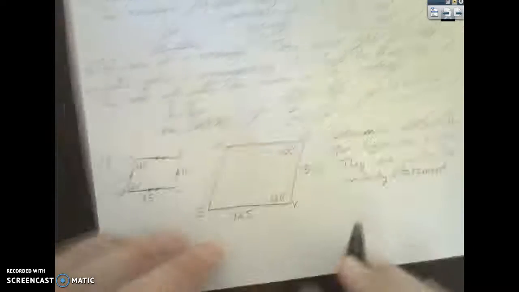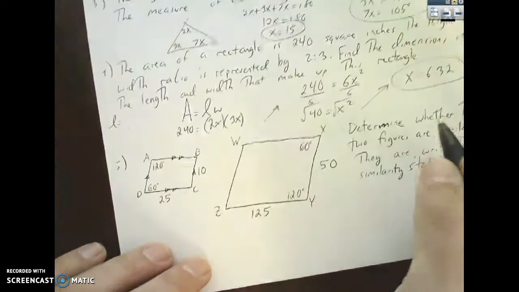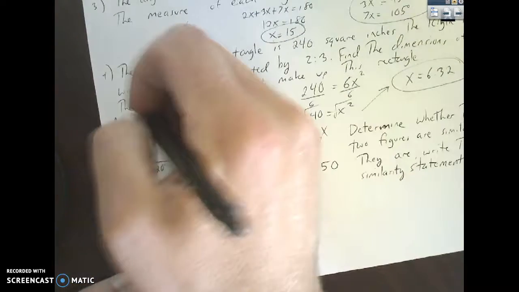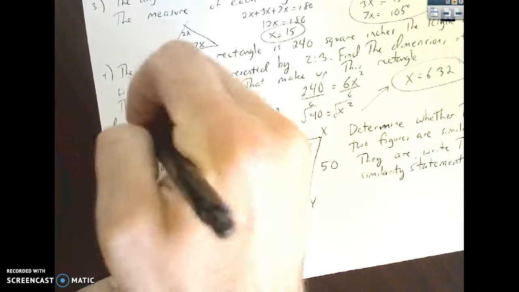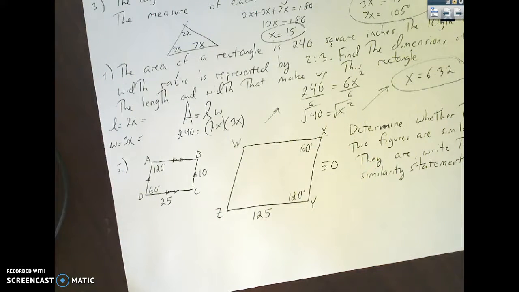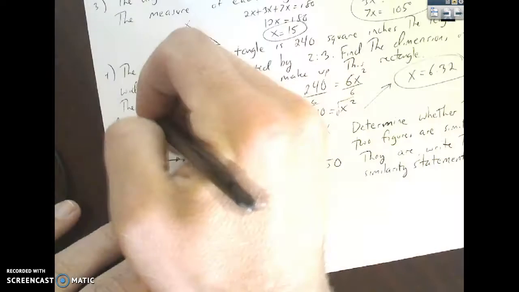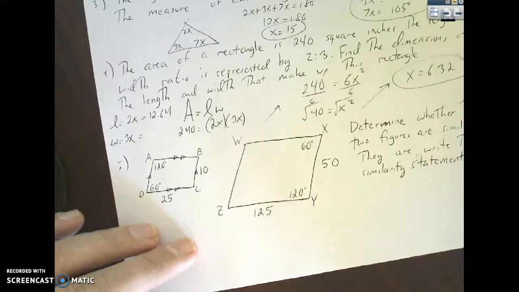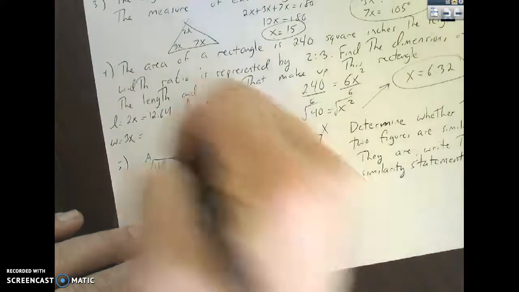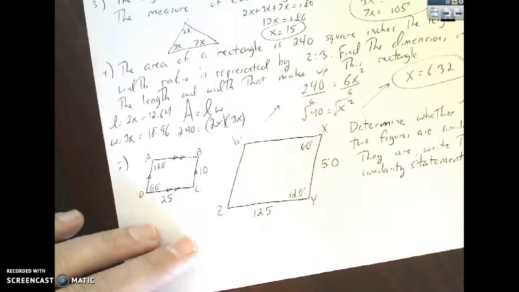Okay, so considering that my length is 2x, and my width is 3x, 2 times 6.32 gives me 12.64, and then 3 times 6.32 gives me 18.96.